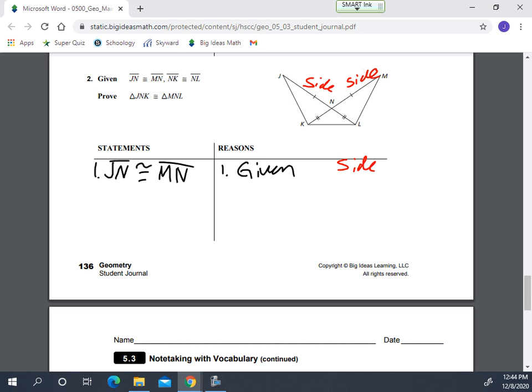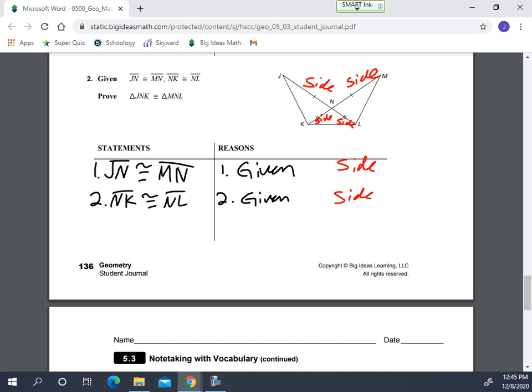And what else? We know that NK is congruent to NL. There's another side. Okay, so we're already off to two sides. That's good. Two sides, check.